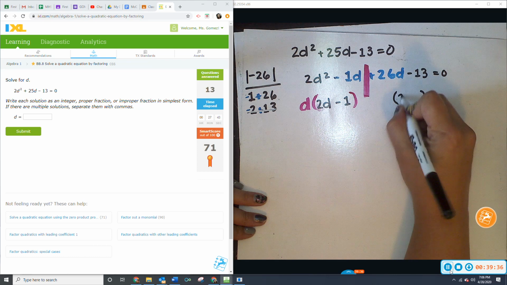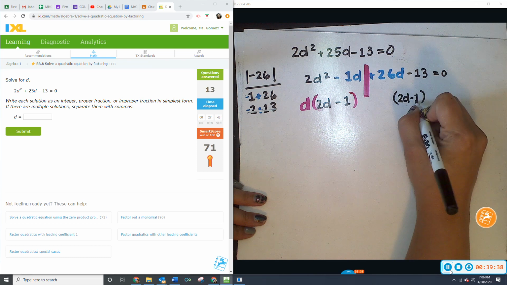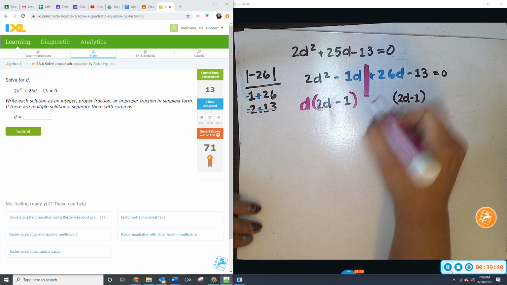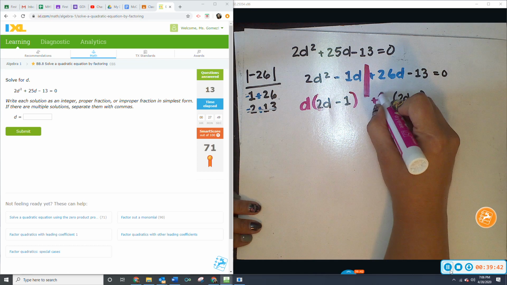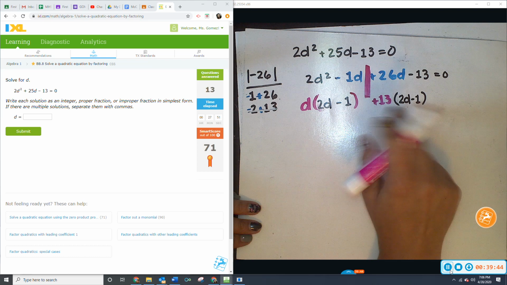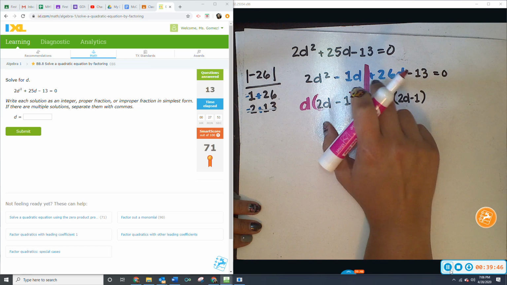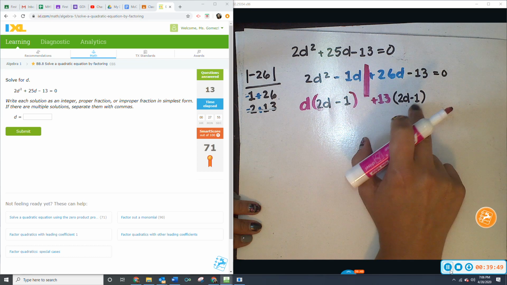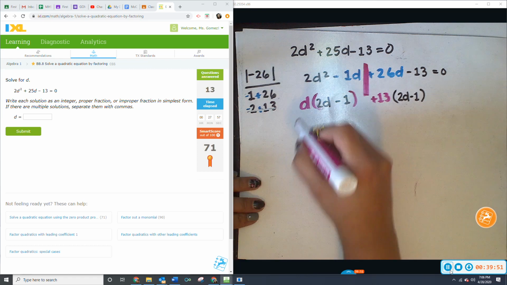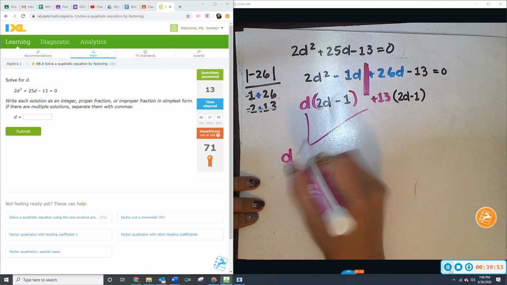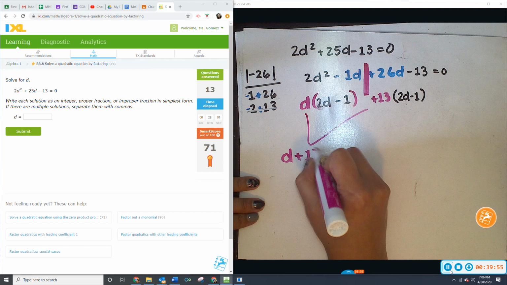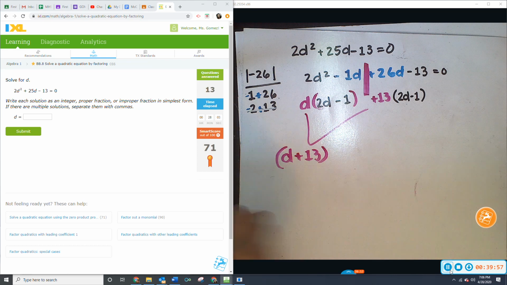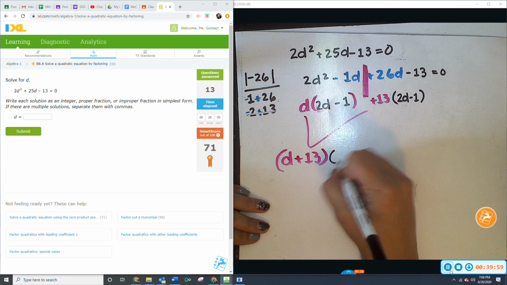Now it should make sense, because if I put here a positive 13, 13 times 2d gives me positive 26d. 13 times negative 1 is negative 13. So therefore, I have d plus 13 times 2d minus 1 is equal to 0.